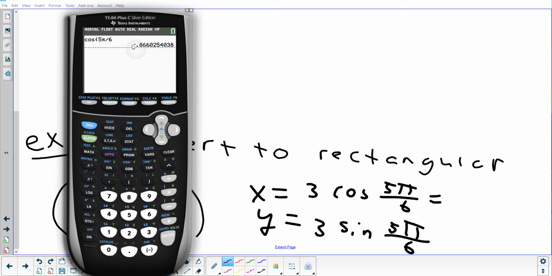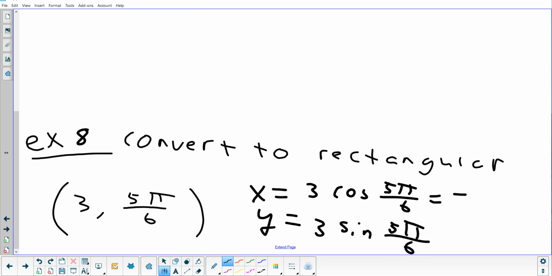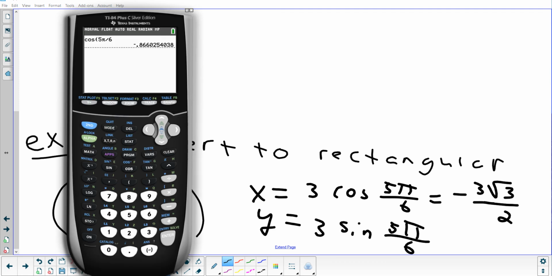So this is definitely not 0.5. It's square root 3 over 2, with a negative. So this is negative square root 3 over 2 times 3. So the exact answer for that is negative 3 square root 3 over 2. If you had tripled it first, you probably wouldn't have recognized the decimal. So that's why I don't triple it first.